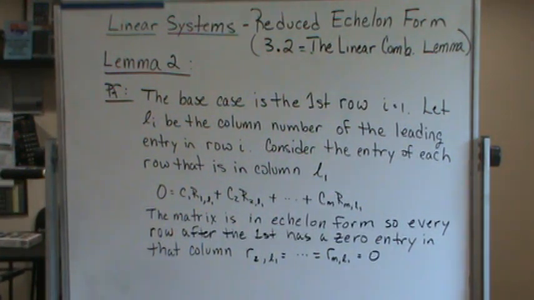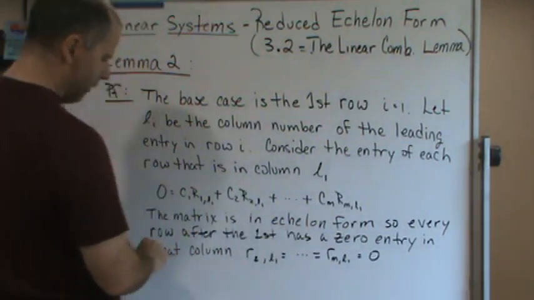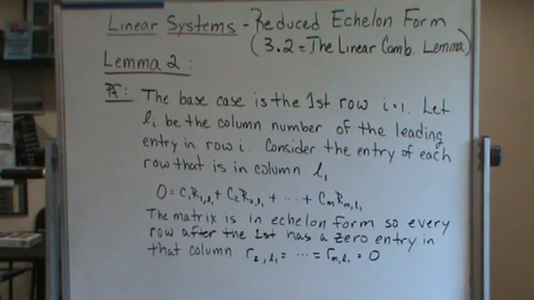Now keep in mind that the matrix is in echelon form, so every row after the first has a zero entry in that column.